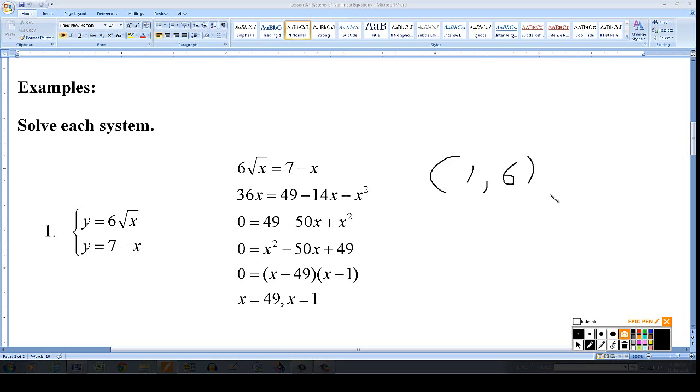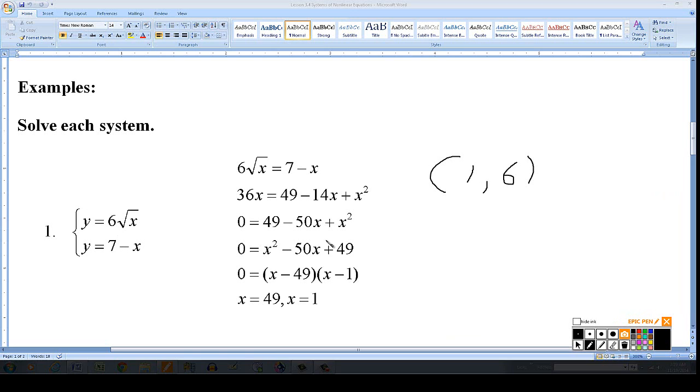Notice if I put the 1 in the second equation, 7 minus 1 is 6. So when x is equal to 1, I get 6. That particular ordered pair satisfies both equations.